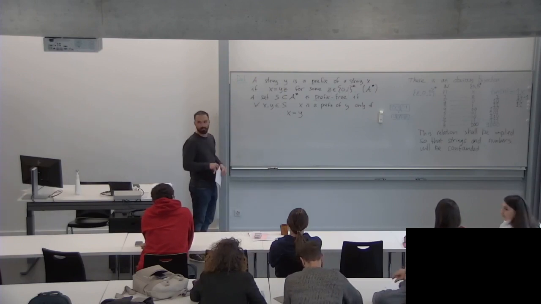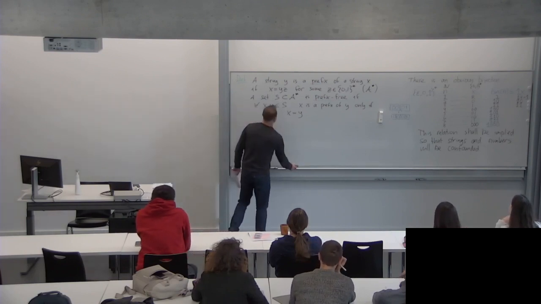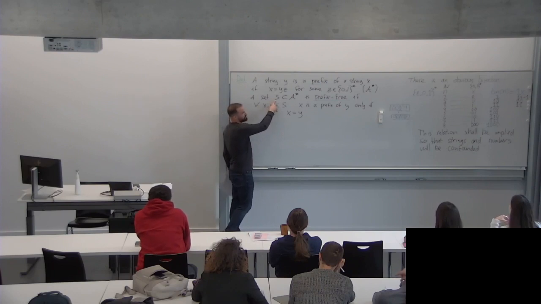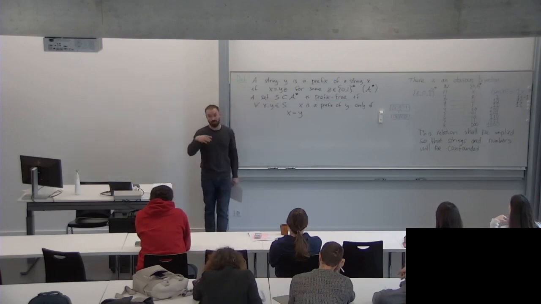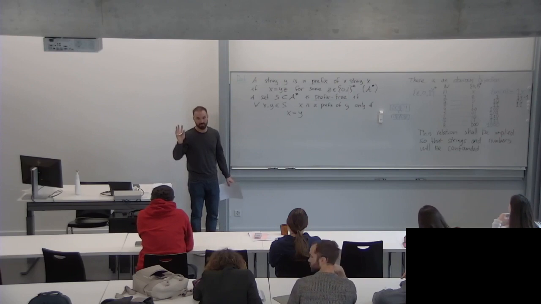So epsilon doesn't count as a prefix. In fact, if your set S contains epsilon and some other element, then S is not a prefix-free set, because epsilon is the prefix of any other string.